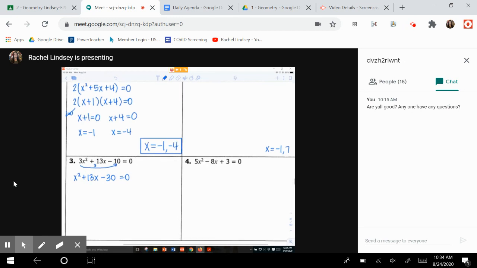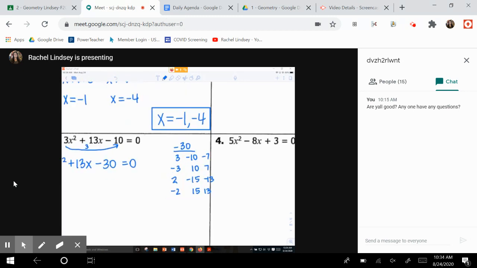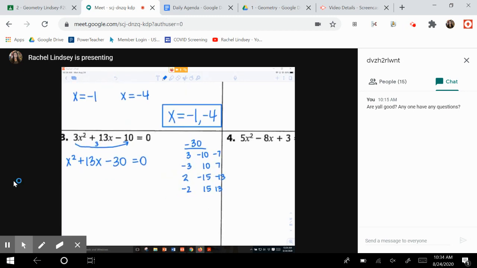So two numbers that multiply to give you negative 30 and add to give you 13. Okay, so 3 and negative 10 multiply to give you negative 30, but they add to give you negative 7. So which one of those pairs do I need to use? Negative 2 and positive 15.